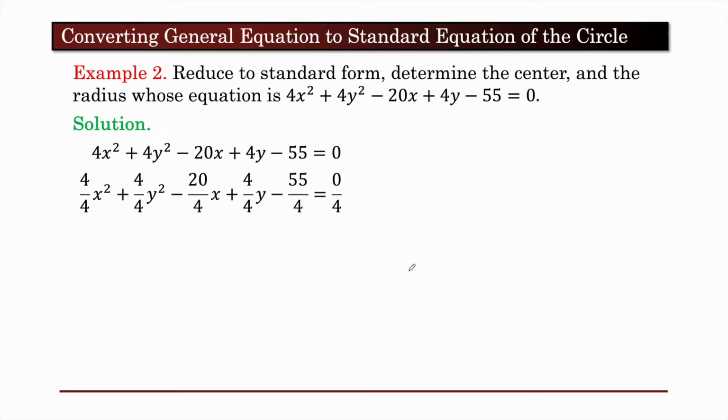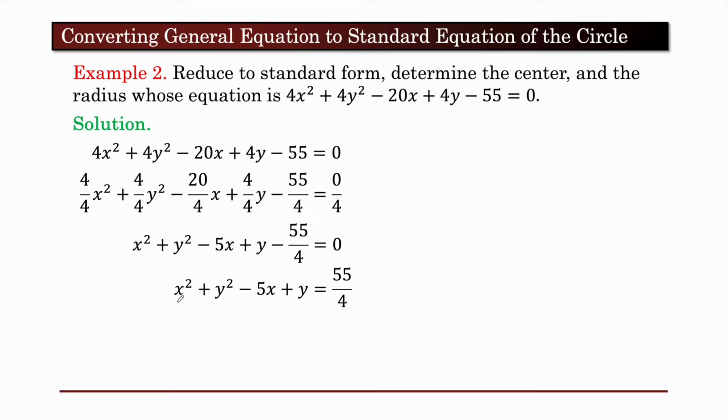By dividing all terms by 4, we will obtain x squared plus y squared minus 5x plus y minus 55 over 4 equals 0. Now at this time, let us proceed to step number 3, which is transfer the constant to the right-hand side. Next is to combine the x term and the y term.